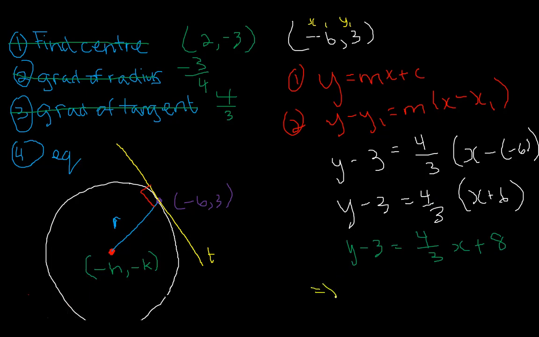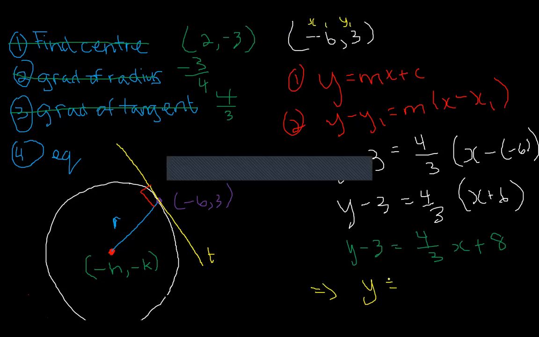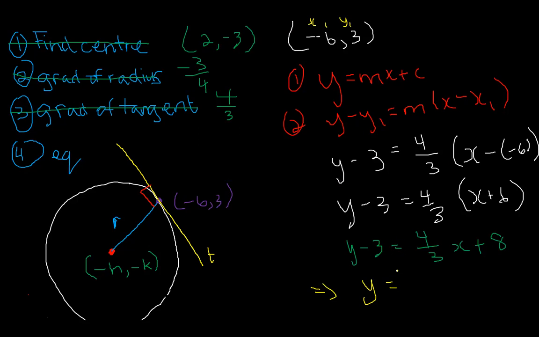So this is my answer here. Y would be equal to, to get y by itself, I need to add a 3 on both sides. So y minus 3 plus 3, the minus 3 and plus 3 would cancel, so I'll just remain with y. 4 over 3x plus 8 plus 3. 8 plus 3 is 11. And that's why I have here plus 11. And this would be my answer.